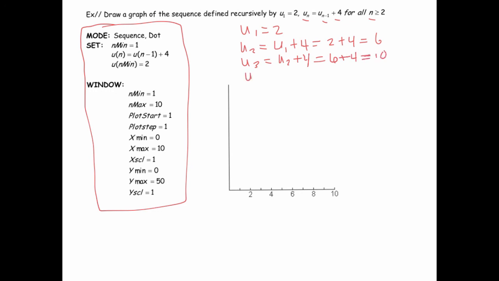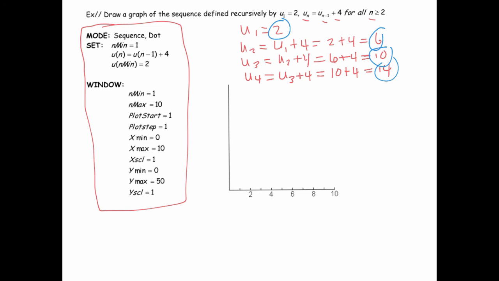We'll do one more. My fourth term would be my third term plus 4, which is 10 plus 4, which is 14. So you can see, if you just look at the pattern, that our first number is a 2, then it's a 6, a 10, and a 14. Each term is just 4 more than the one before it.